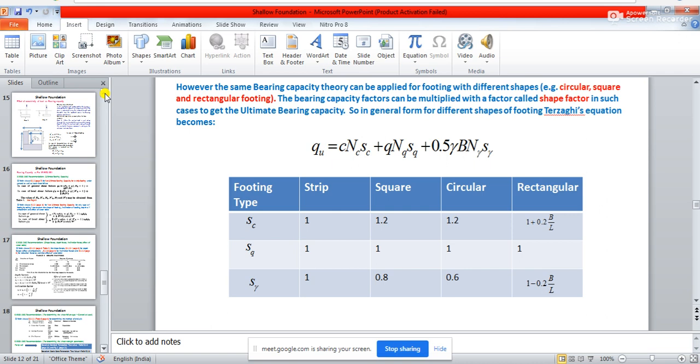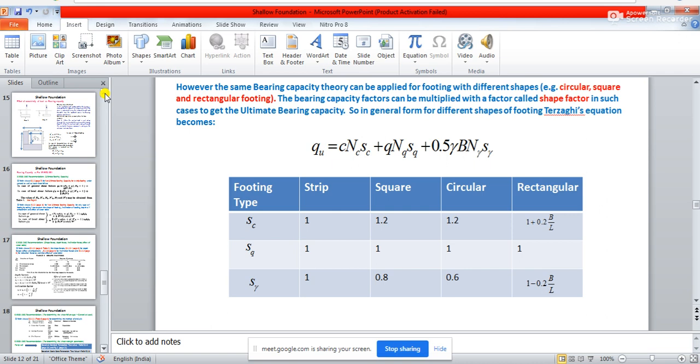That means because of the angle of internal resistance, some soil will fail by general shear failure, some soil will fail by local shear failure. So we observed the effect of general shear failure and local shear failure in the bearing capacity equation. Then we understood the effect of water table on the bearing capacity, and we solved one problem on that also.